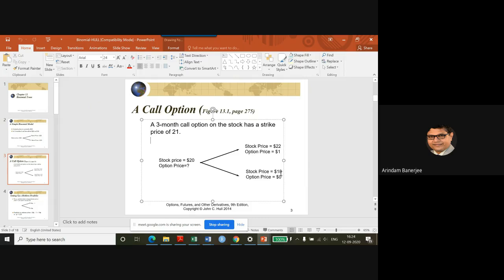If the stock price comes down, it will be out of the money, and for out of the money, the buyer will allow it to expire, so its value will be 0. My question is, what is the option price here? This option price I want to calculate, and my assumption is that in the next 3 months it can either go up by 10% or come down by 10%. Very simple assumption.